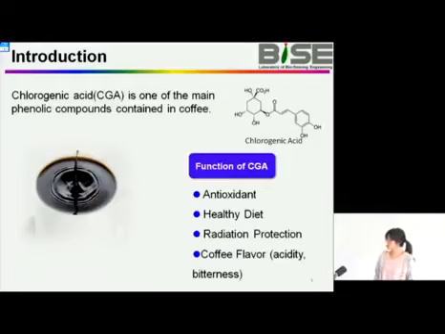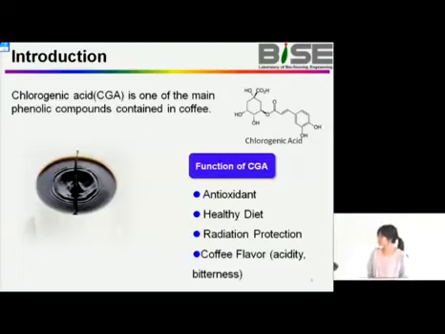As we all know that coffee is one of the most popular beverages all over the world. Chlorogenic acid is one of the main phenolic compounds contained in coffee. This is the molecular structure of chlorogenic acid. And chlorogenic acid has antioxidant properties.